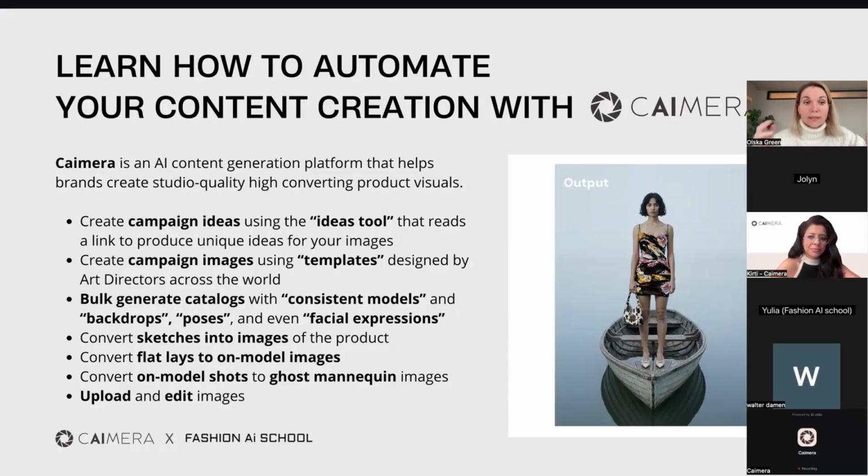Create campaign images using templates designed by art directors across the world. Bulk generate catalogs with consistent models and backdrops, poses, and even facial expressions. Convert sketches into images of the product. Convert flat lays to on-model images. Convert on-model shots into ghost mannequin images, and upload and edit images.